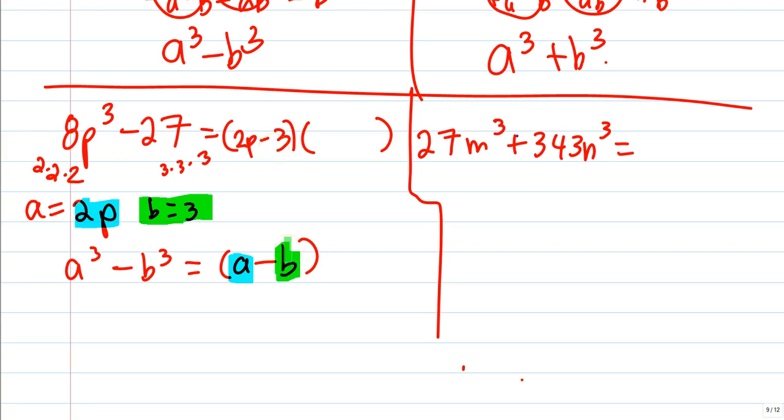See that? Then what? Well, A squared, that's blue, not yellow. Why am I changing the colors? Sorry. A squared is going to be, what is 2p times 2p?